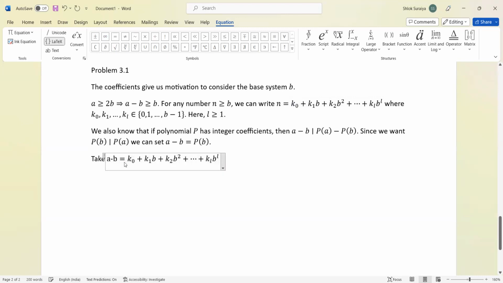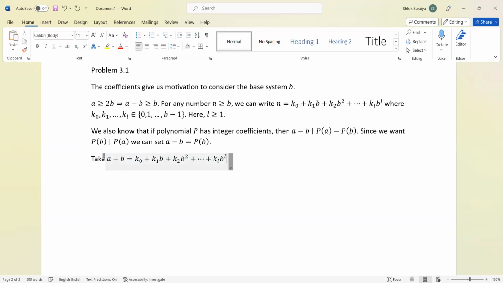So if I take A minus B to be this, and these k0 to kL are also my coefficients, I can just set this to be P of b. Right?